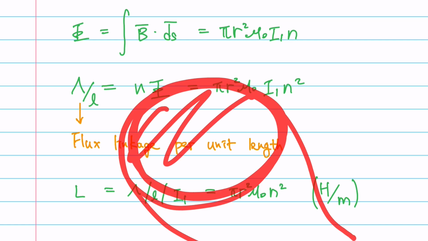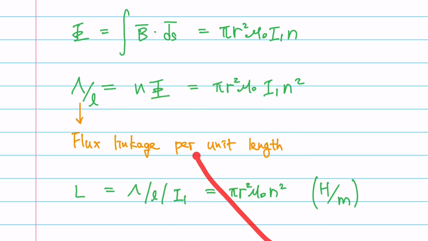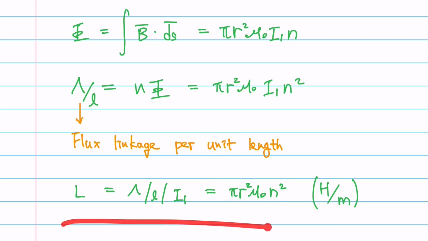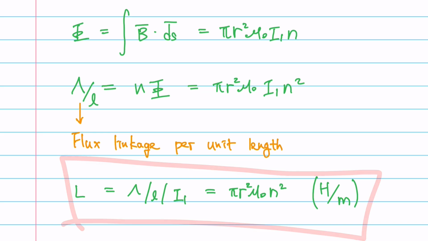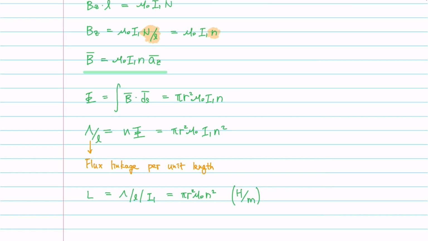Then you have this much of an inductance. But if you place this size of a coil, then you have less inductance because the radius is smaller. So this is a very useful, important equation for you to understand.